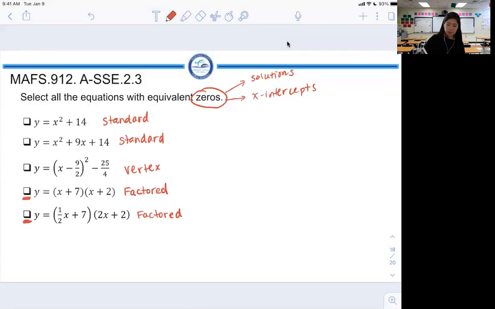Because what are the zeros for answer choice D? What are my zeros? 7 and 2, but don't forget we need to flip them.